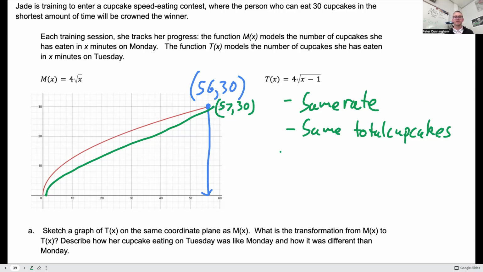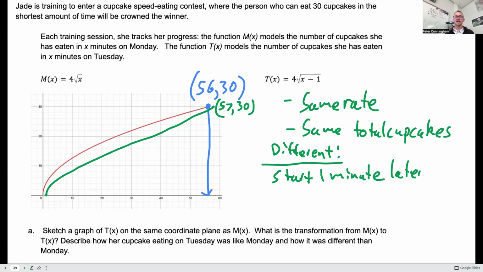And then Jade would say, no, no, it was different because what was different? Started 1 minute later. And how could we tell it was going to be a minute later and not a minute earlier? That gives us 1 minute later. So we start 1 minute later, which means she's also going to end 1 minute later.